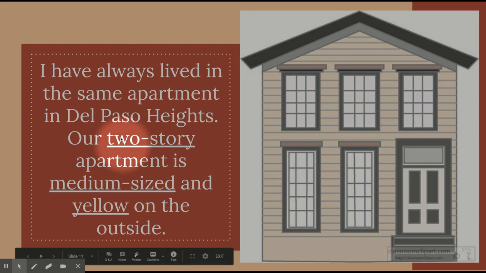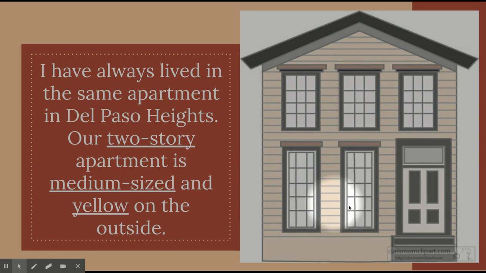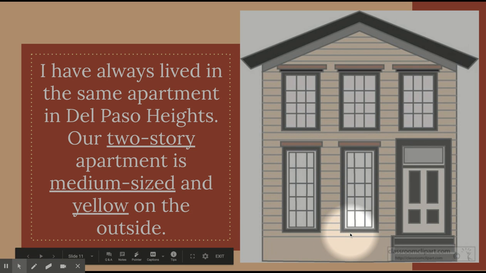Well, I tell you it has 2 stories. When I say two-story apartment, that means there is a downstairs and an upstairs. 1 story, 2 stories. So it is a two-story apartment that is medium-sized and yellow on the outside.